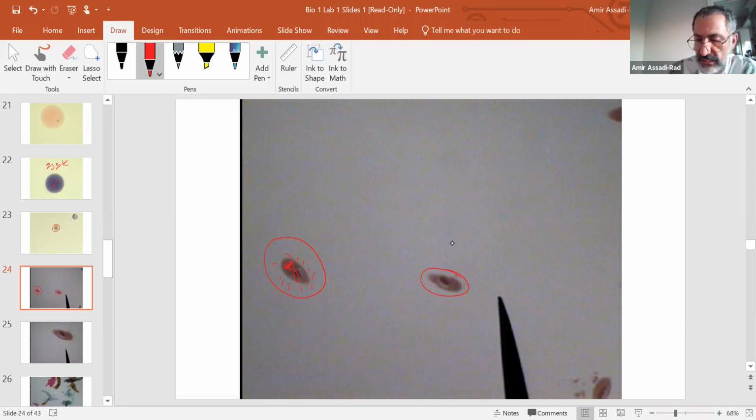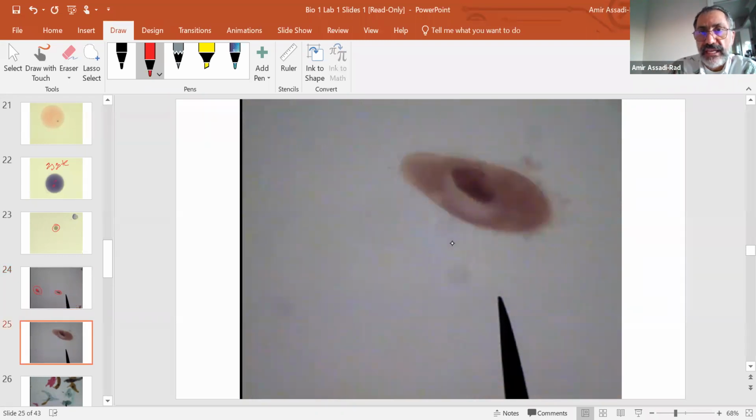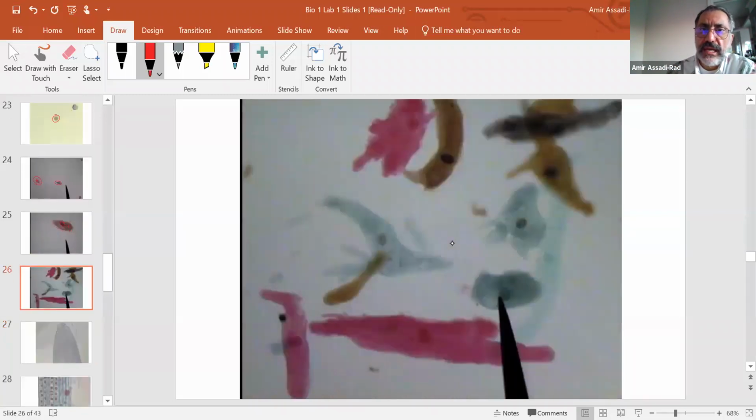They move by means of cilia. High magnification: nucleus, cytoplasm, cilia all around it. Okay, I hope I'm making some sense. Eukaryotic cell, kingdom Protista, what else? Whatever else I listed in your lab manual.